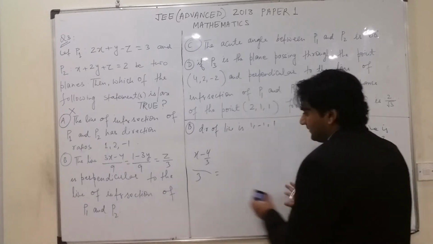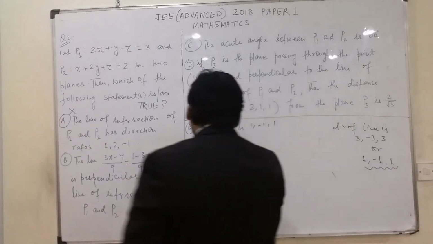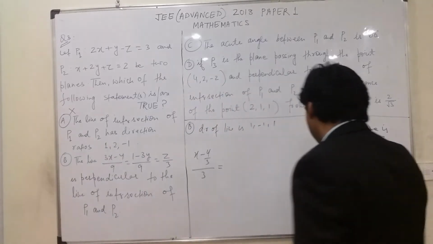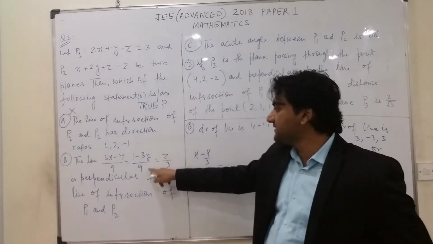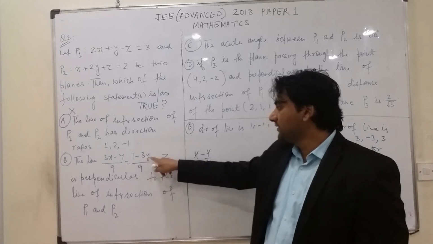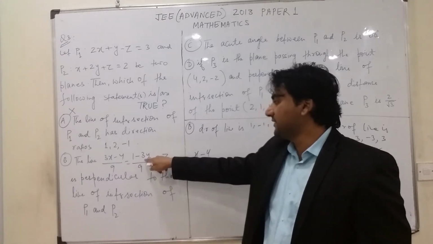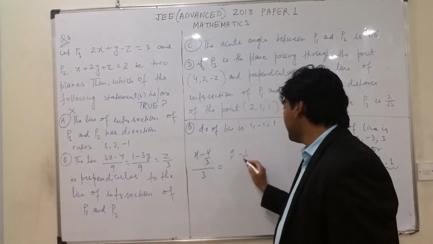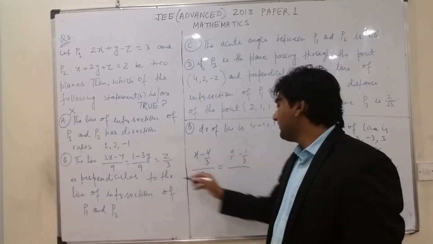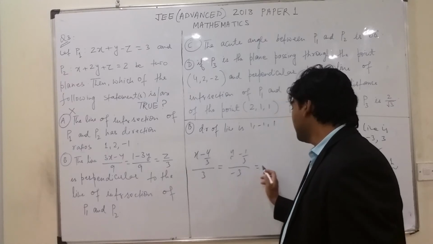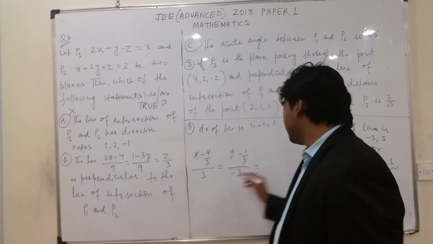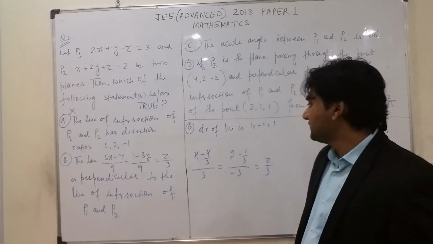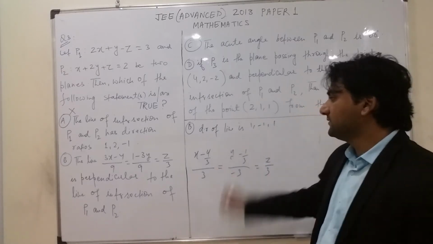Then we divide this by minus 3, and minus 1 over 3 over minus 3. Equals, in standard form, z over 3. Done? So we got 3, minus 3 and 3.